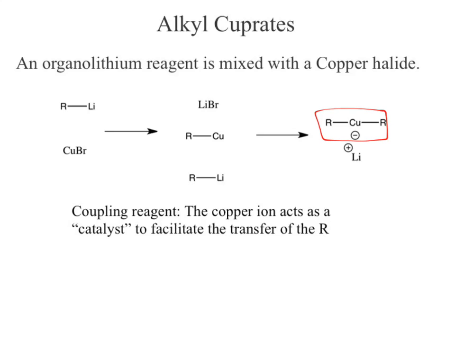Okay. This has some interesting features. What type of bond do we have between the carbon and our copper? It's an ionic bond. What charge is our R group? It's negatively charged.